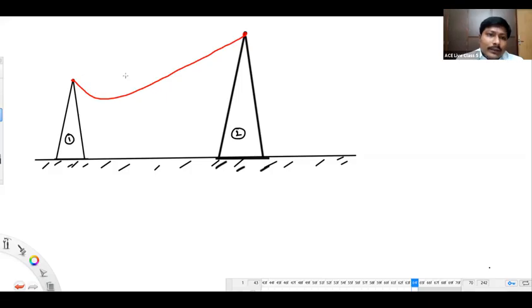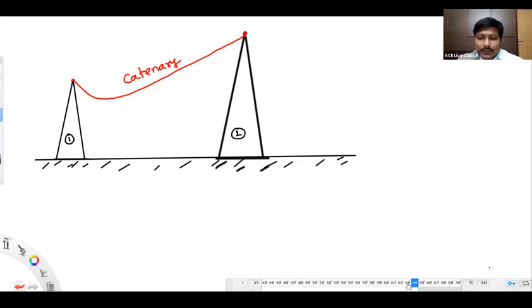Okay, next thing. It's not a parabola. It will be called a catenary path.